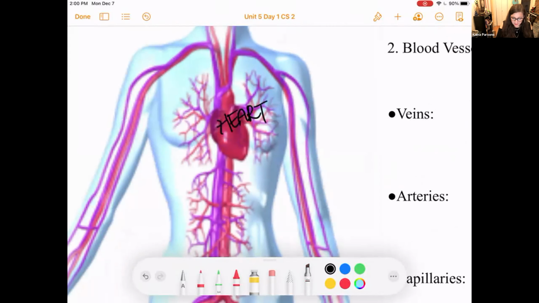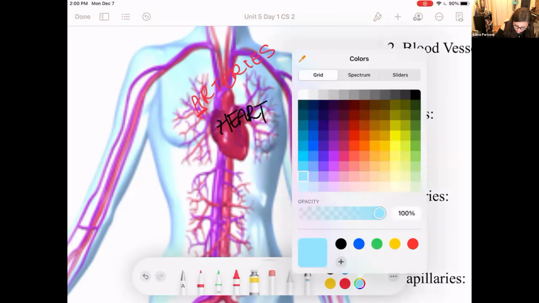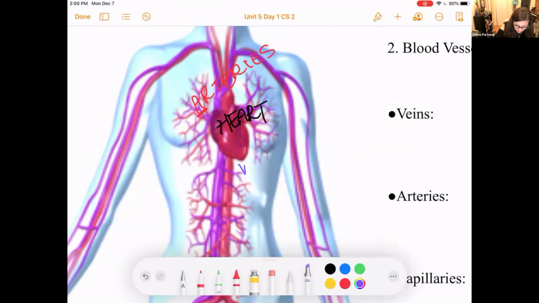We've got arteries that are carrying the blood away from the heart, which I believe are depicted in red in this image. We've got veins that I believe are depicted in blue in this image. And the colors are used to signify the oxygen versus the carbon dioxide content.